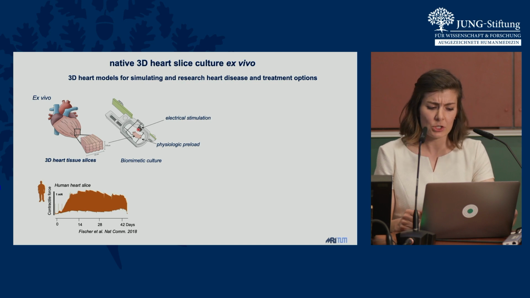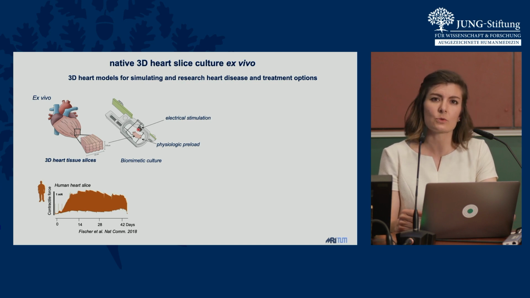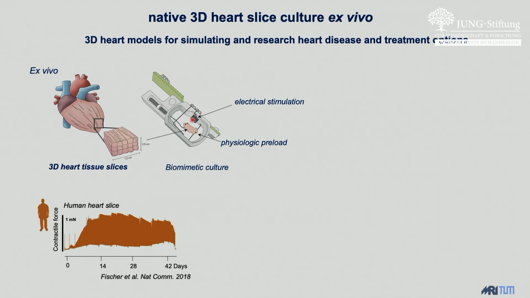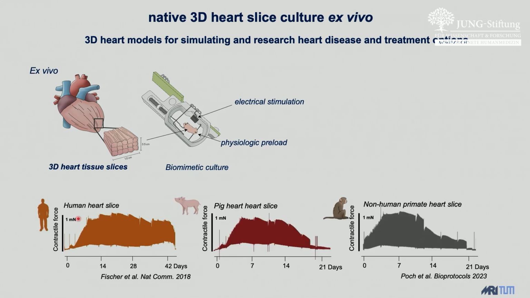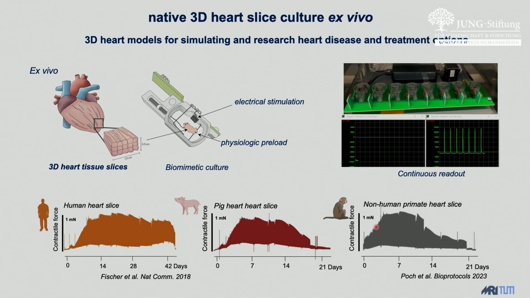And with this application, he has shown that it's possible to culture human heart tissue slices ex vivo for up to 42 days. And we in our group have adapted these culture conditions for large animal models, being pig heart slices and non-human primate heart slices. And this is how it looks in our incubator.